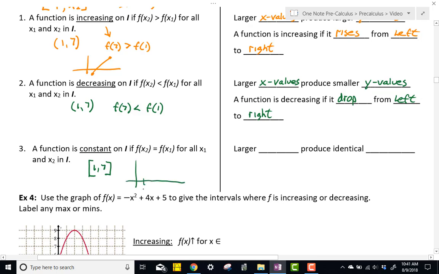So here's 1, and here's 7. And in this case, constant means that there's no change in height. So larger x values produce identical y values. Okay? That's what it means to be constant.